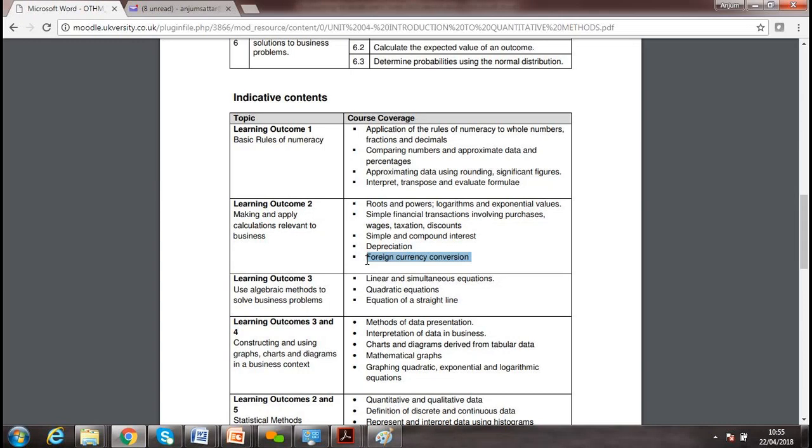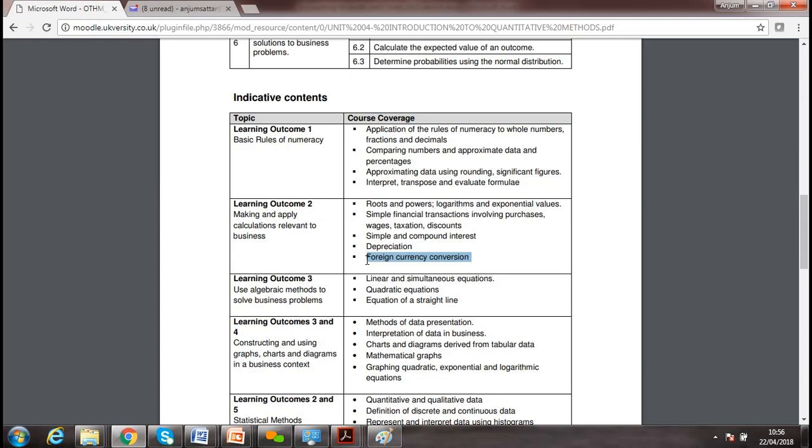So we have different rates, like 1 pound equals 1.65 in another currency. That's what we call conversion of currency. It could be 0.6, different rates, and we can convert.